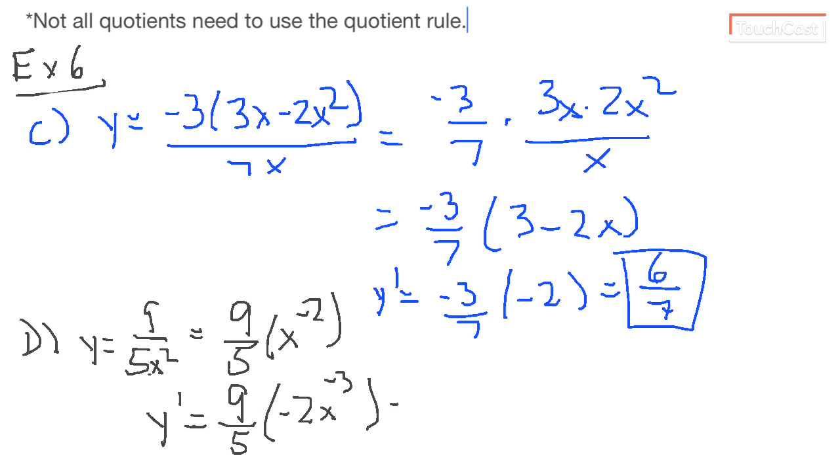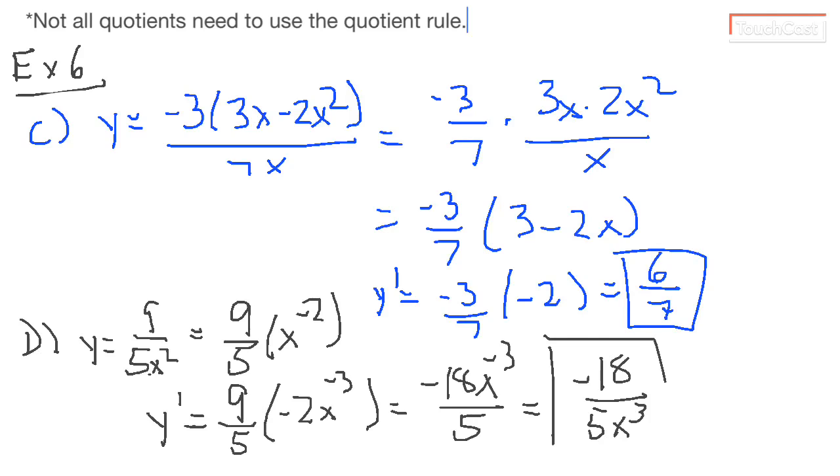Which if we bring everything through, multiply what we've got, we'll have negative 18 x to the negative 3 over 5. But we don't like that negative 3 as a power. So we'll bring it down. We'll have negative 18 over 5x cubed. And we found y prime.